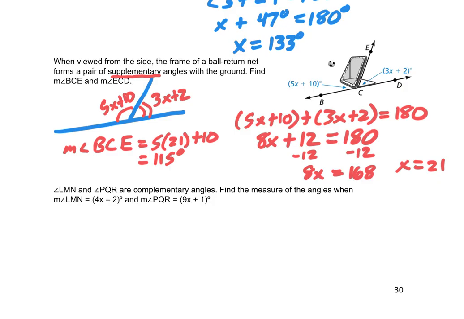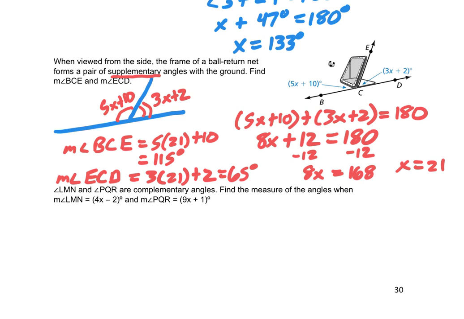Okay. And then to find the measure of ECD, we would do 3 times 21 plus 2. 65. Okay, how could we check our work here to make sure that our answer makes sense?